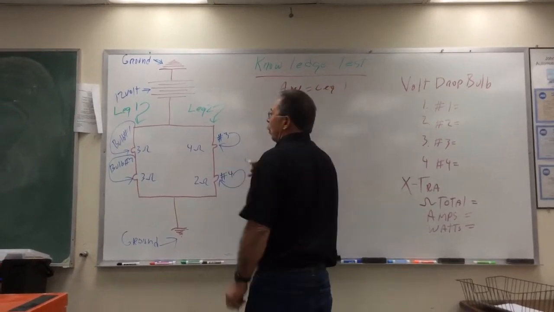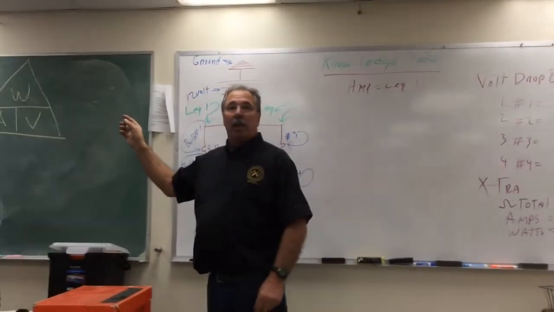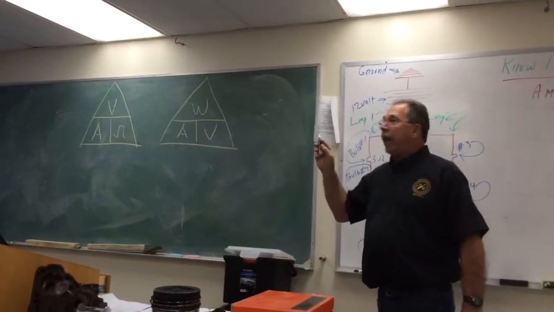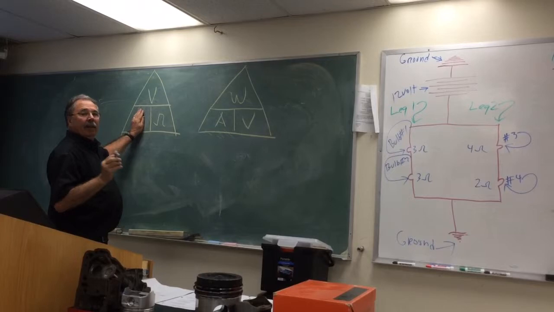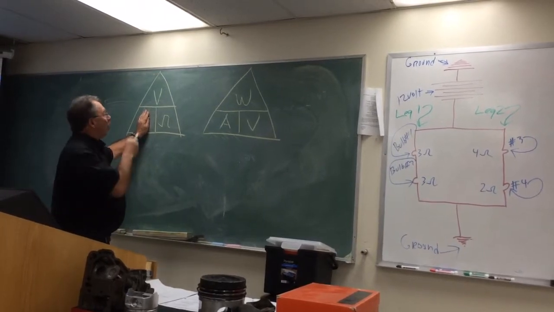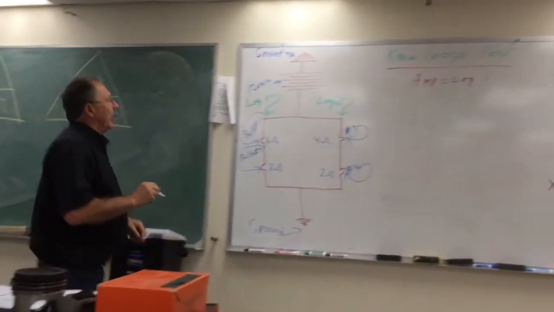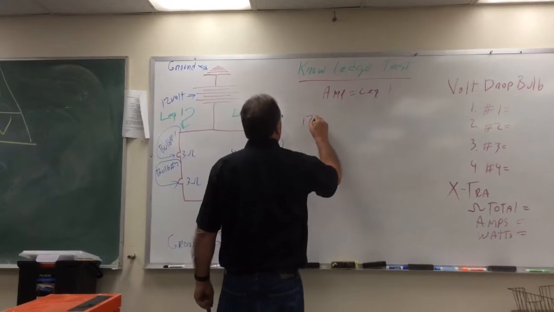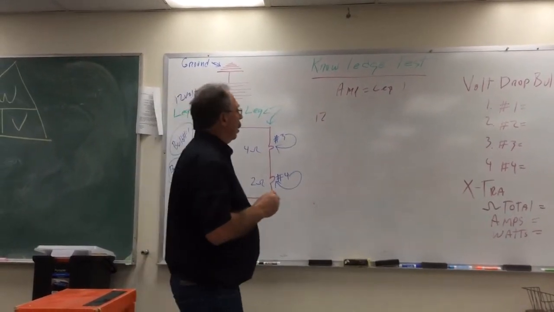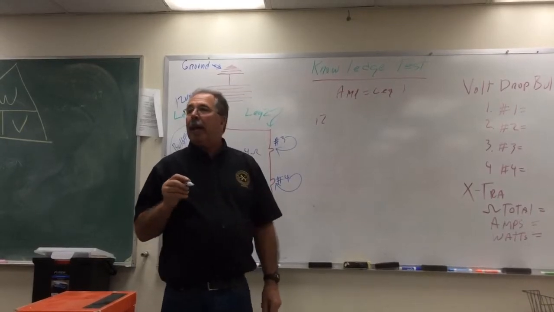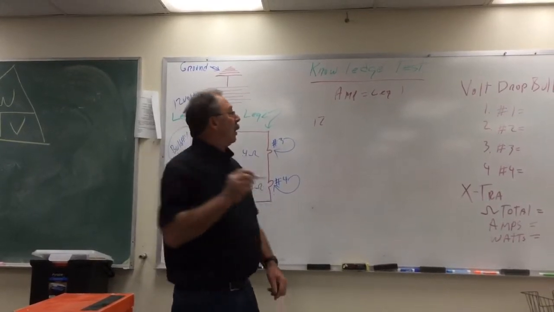Okay, so now let's go back to our Ohm's law pyramid for amps. So for amps, we need to know what? Volts and ohms. Okay, well let's go ahead. So we know we have 12 volts, and we know we have 6 ohms. So let's do the math. How many amps are flowing through there? 2. That's pretty easy, isn't it?